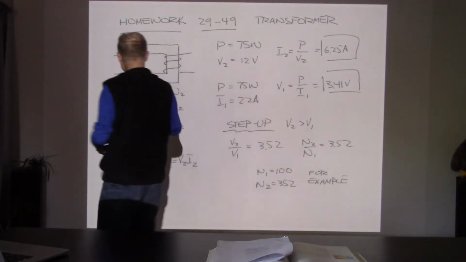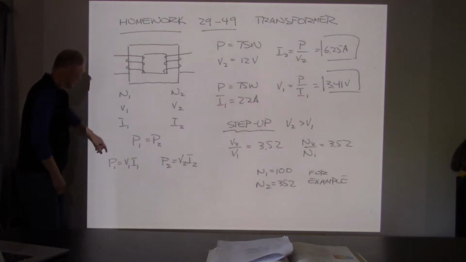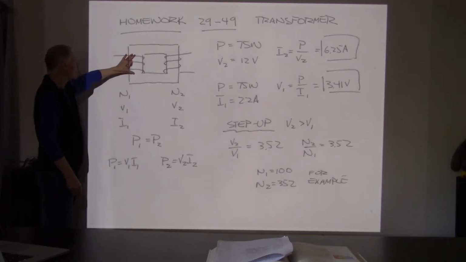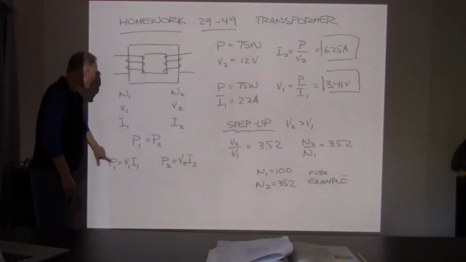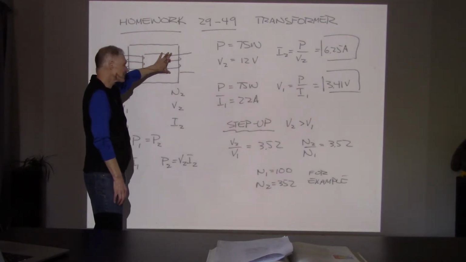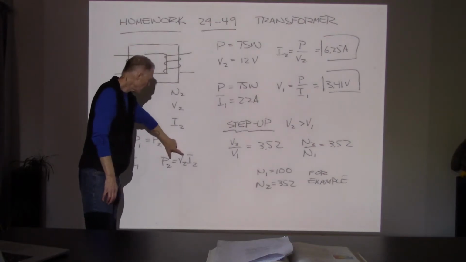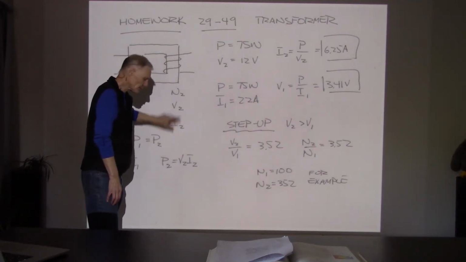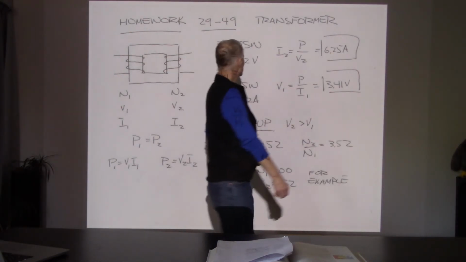Now, for each side of the transformer, P is going to be equal to V times I. So whatever the voltage drop is across those loops times the current, that's going to tell us the power coming in. And then on this side, same idea. The voltage across those loops times the current will tell us how much power we have successfully transferred.